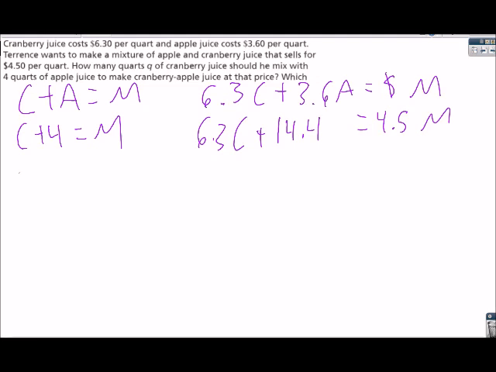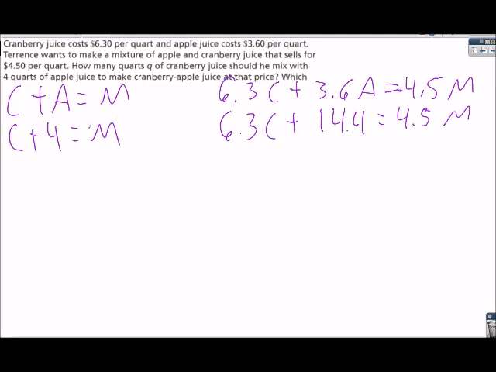I'm going to get one letter all by itself. We already do. We have mixture by itself on the right hand side of both of these, which means that I can substitute mixture for what it equals. It equals cranberry juice plus 4 quarts, because that's how much our apple juice is. Then we could distribute this.